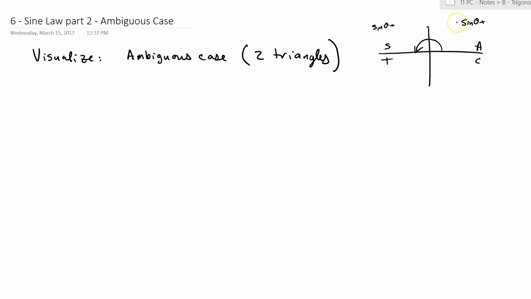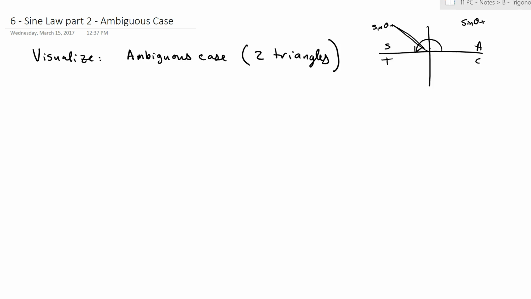So that's why we get an ambiguous case, because we can have an angle that is greater than 90, that has both a quadrant 2 answer and a quadrant 1 answer. So that's like talking just trig here. That's why it happens. That's why the information given is not complete enough to ensure that we only have one answer.